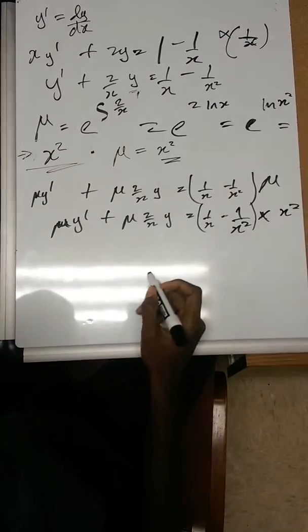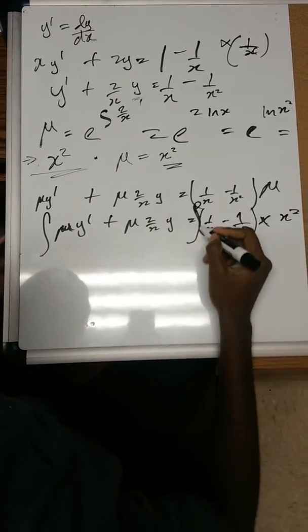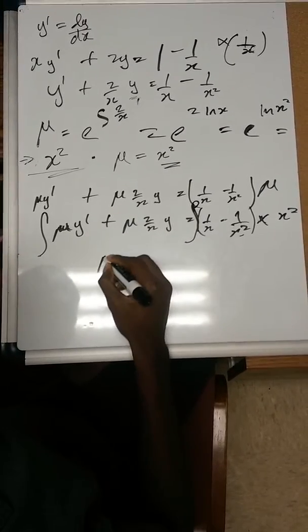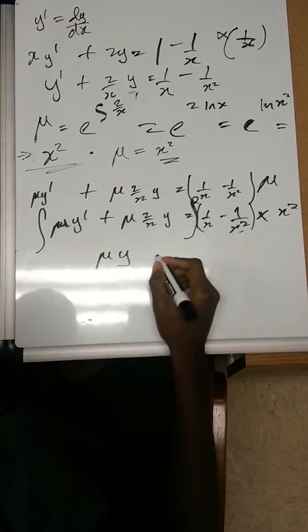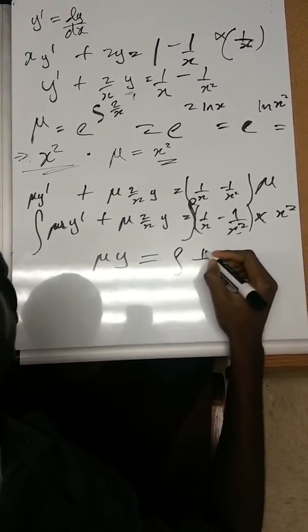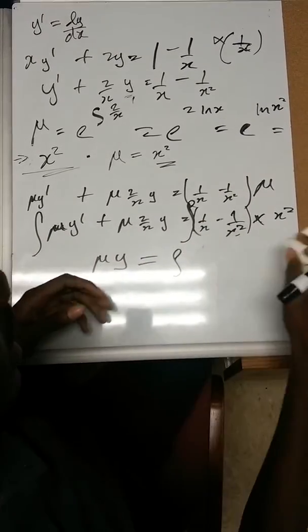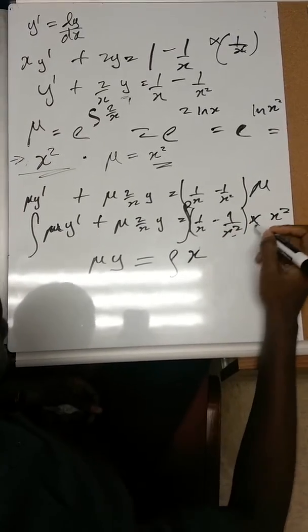Now, if you integrate this side and you integrate this side, ideally, the integral of this side should be mu y. And this should be equal to the integral of 1 divided by x times x squared, which is x, and then 1 divided by x squared times x squared is 1.